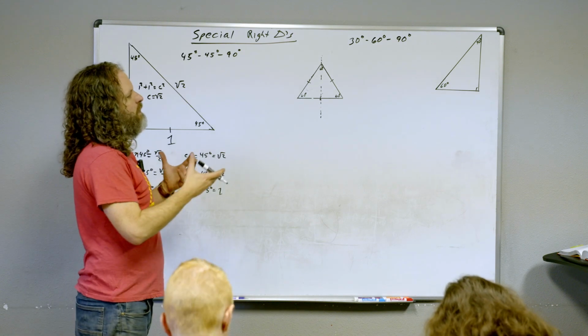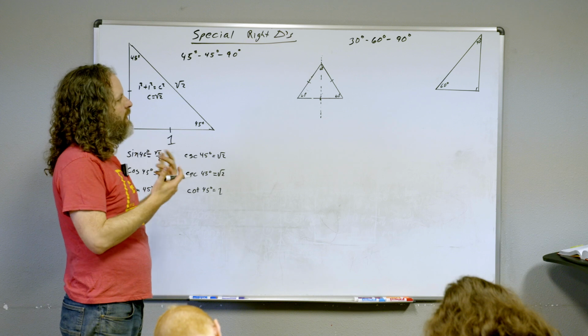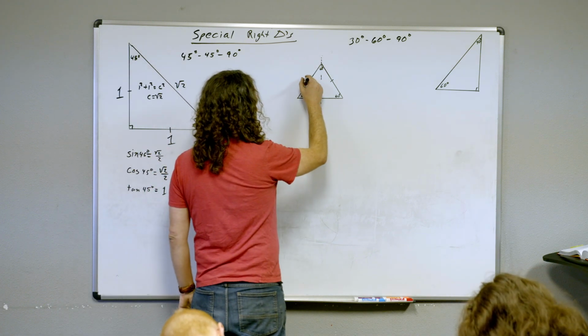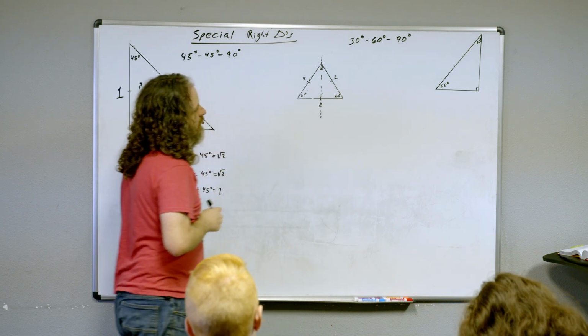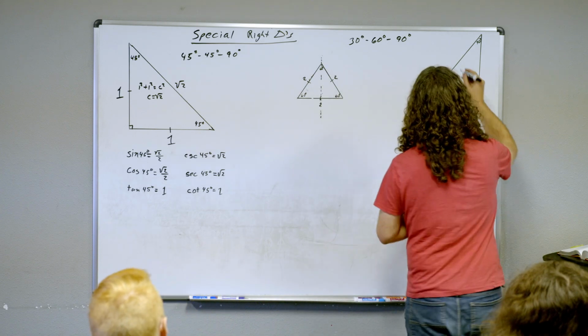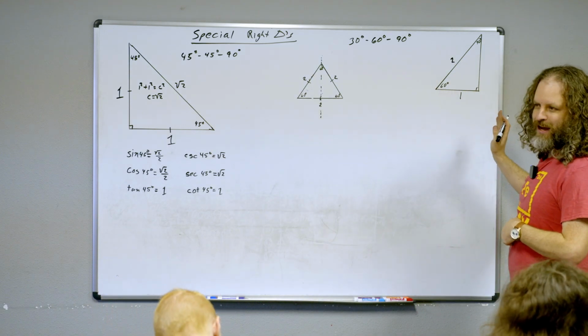So we need some numbers to make as nice and reduced a ratio as we can. The easiest way to do this, so we don't have something smaller than 1, is to make our equilateral triangle have sides of 2. Then this one has a side of 2, and this one is 1 because it's the chopped-in-half one.